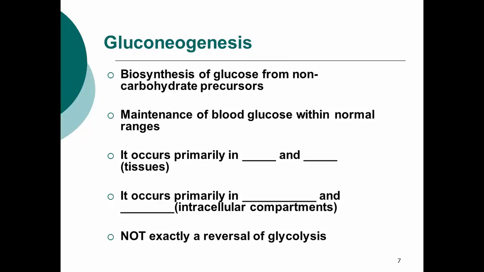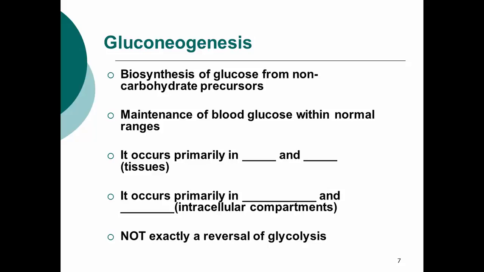Now gluconeogenesis. Gluconeogenesis is the pathway that can produce glucose from non-glucose precursors. So precursors of gluconeogenesis can be glycerol, pyruvate, lactate, propionate, right, and also some amino acids that can be converted to oxaloacetate or pyruvate.